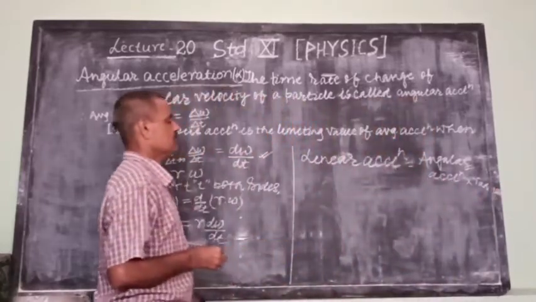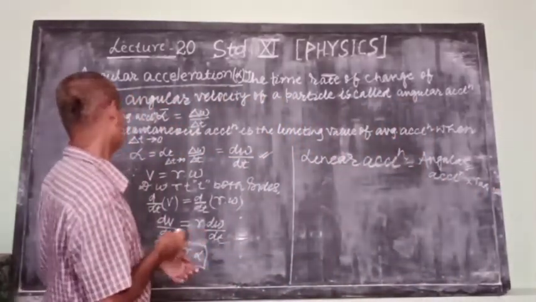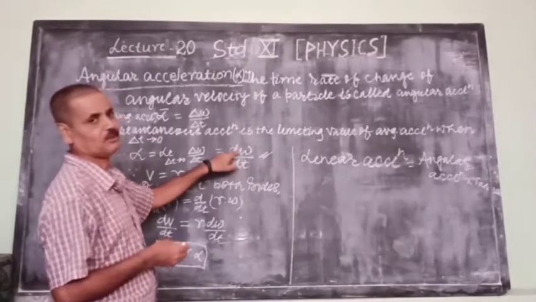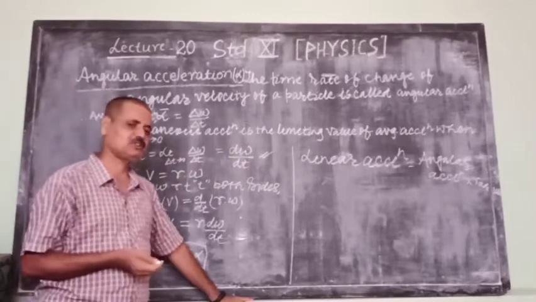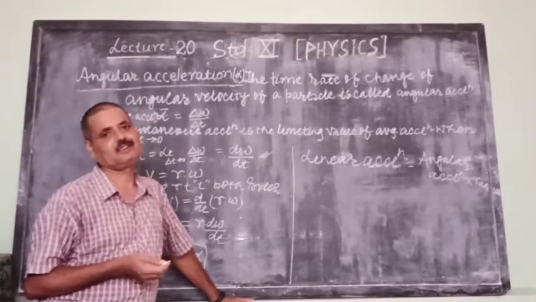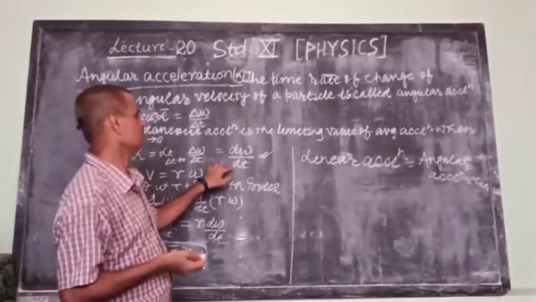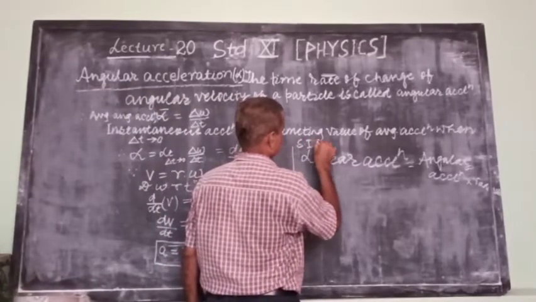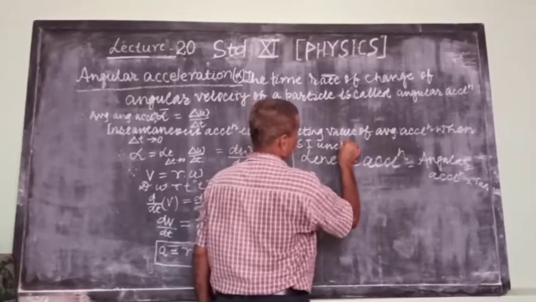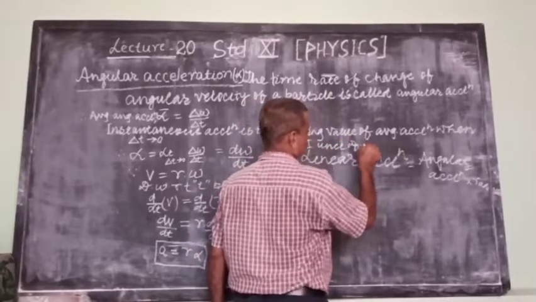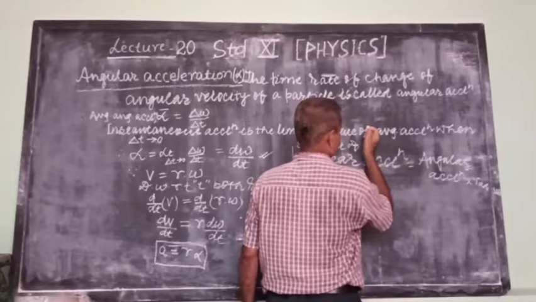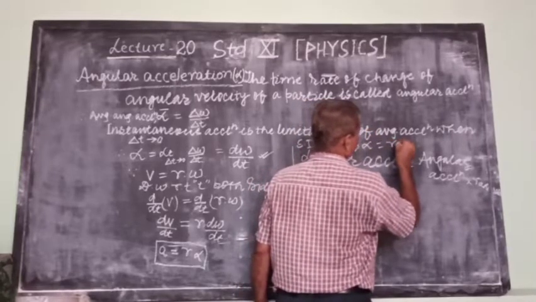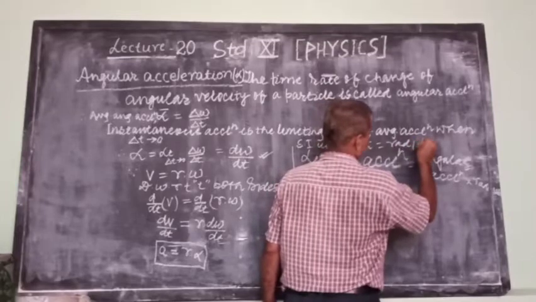What will be the SI unit of angular acceleration? This is d omega by dt, with angular velocity in radian per second. So the SI unit of angular acceleration, alpha, will be radian per second square.